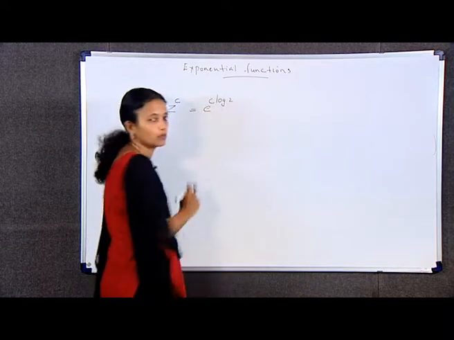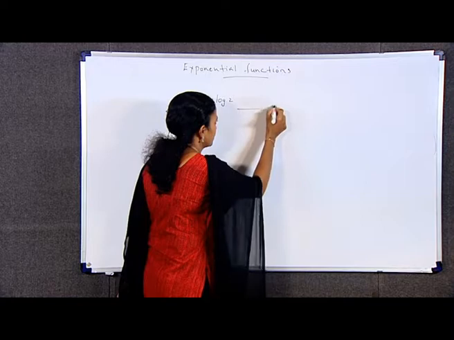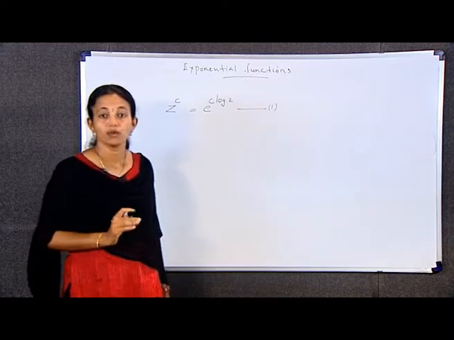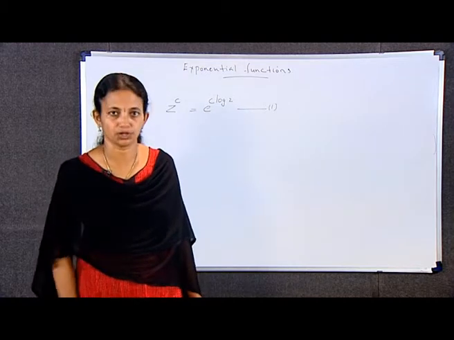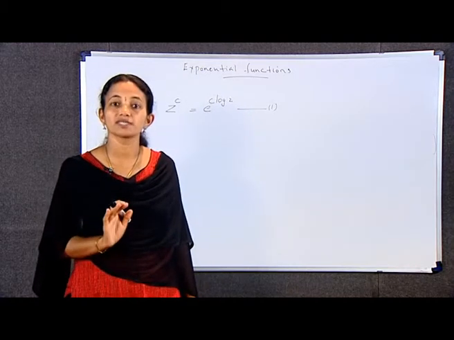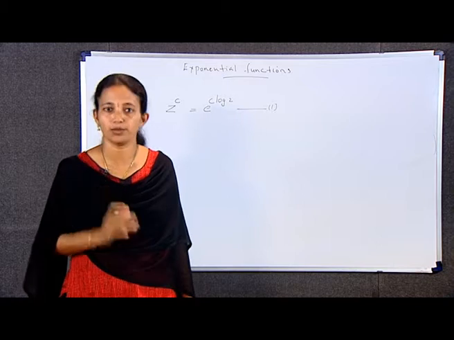Mark it as equation number 1, where this log z denotes the multiple valued logarithmic function. Powers of z are in general multiple valued. Next we have branch, principal value and derivative of z raised to c.